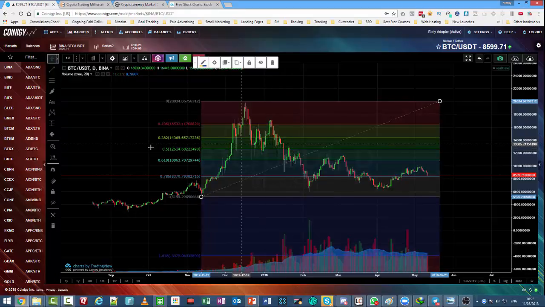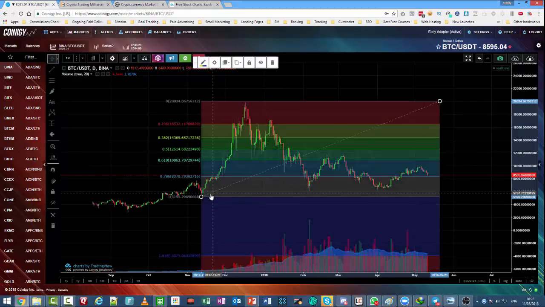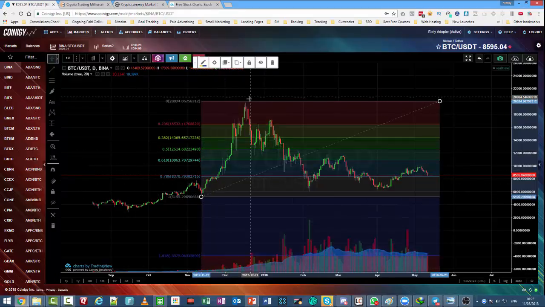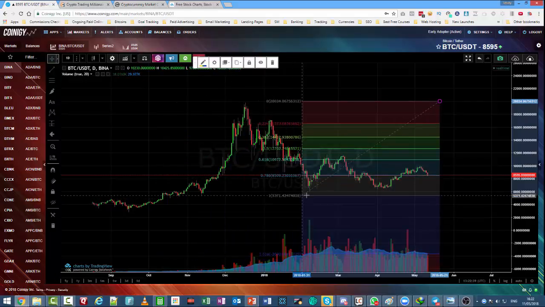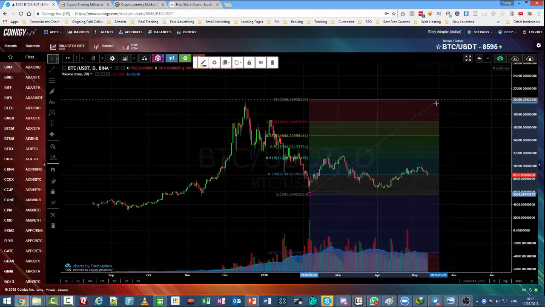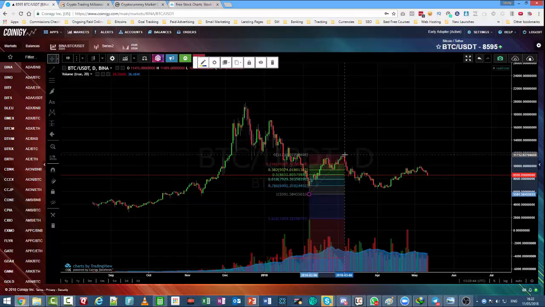You always enter the trade below 50%. So from this point in time to this point in time, if you were right here, you would not enter and buy at this point. You could buy it right here, right? And this is on this level. So you can draw Fibonacci from here to here, and you can see where 50% is.